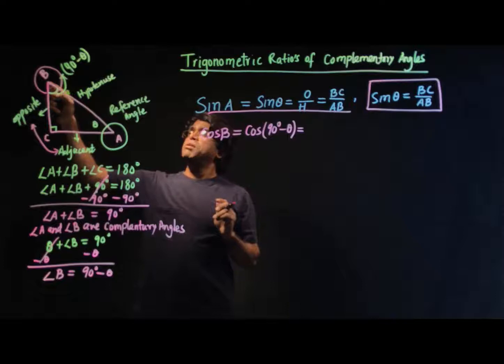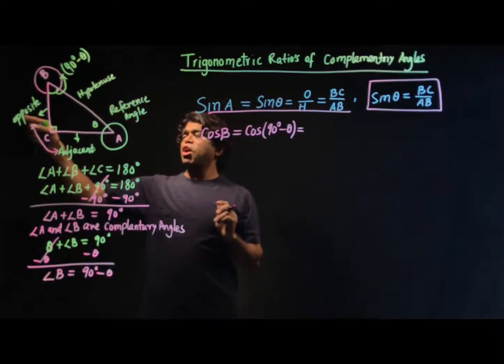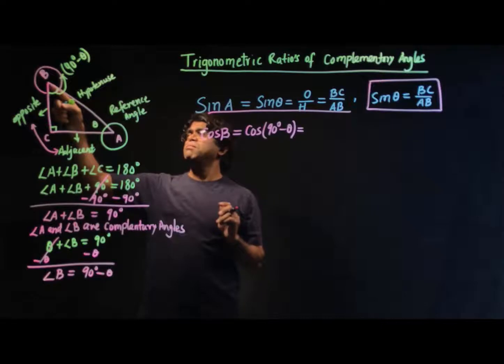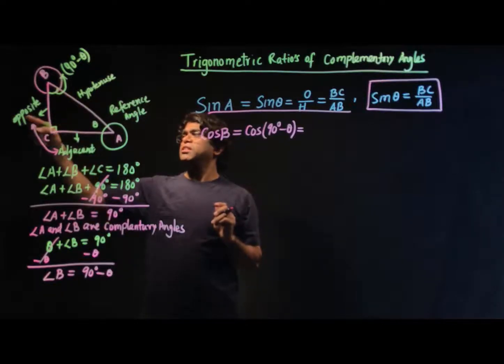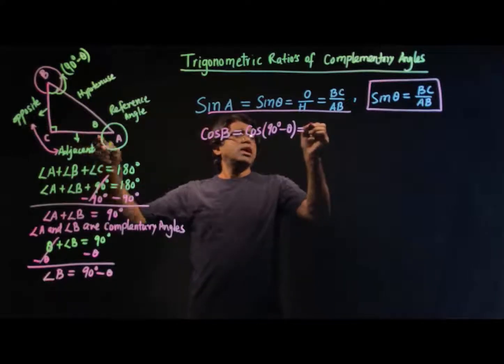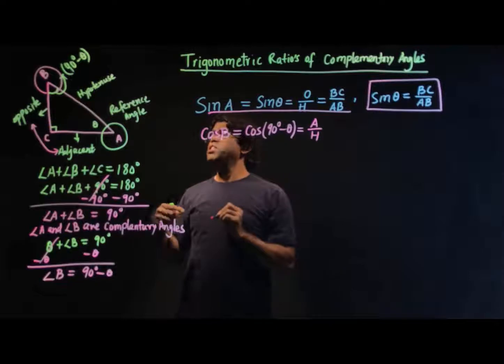So B will be my reference angle, and when B is my reference angle, adjacent will replace opposite and opposite will replace adjacent. So for cosine B, this is opposite and this is adjacent. So I will write adjacent over hypotenuse, which is what?